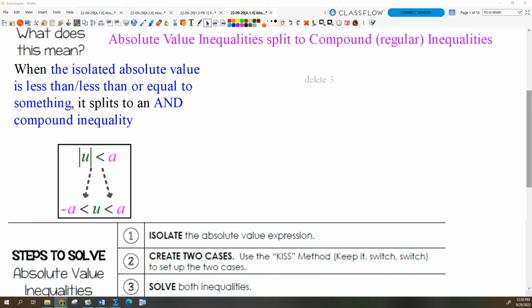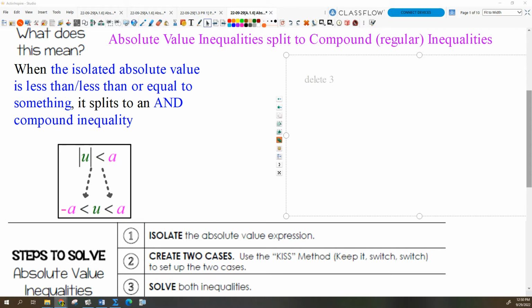There's my isolated absolute value being less than some number. Whatever's inside is going to be greater than the negative and less than the positive. So that's what we get when the isolated absolute value is less than a number.